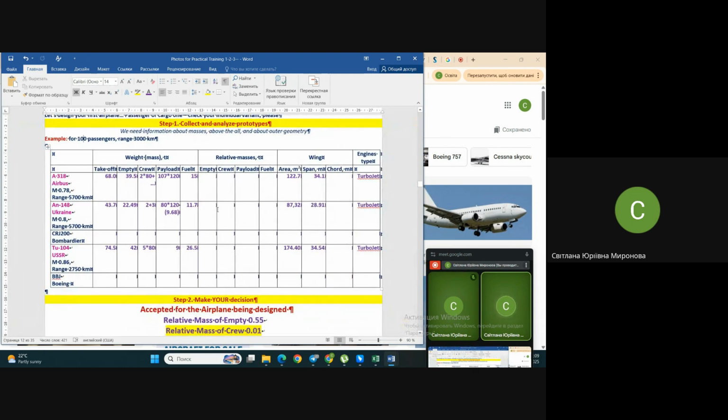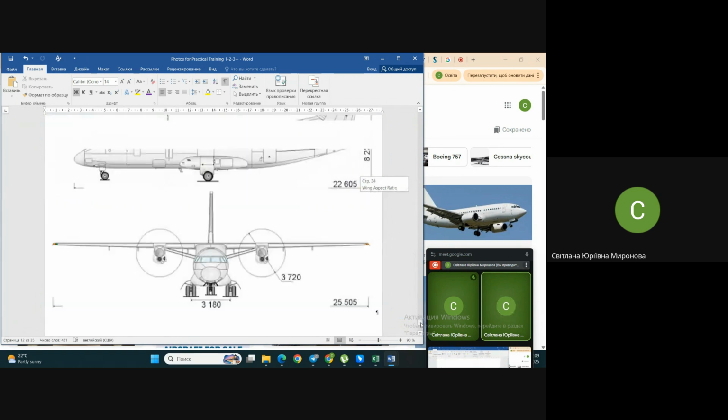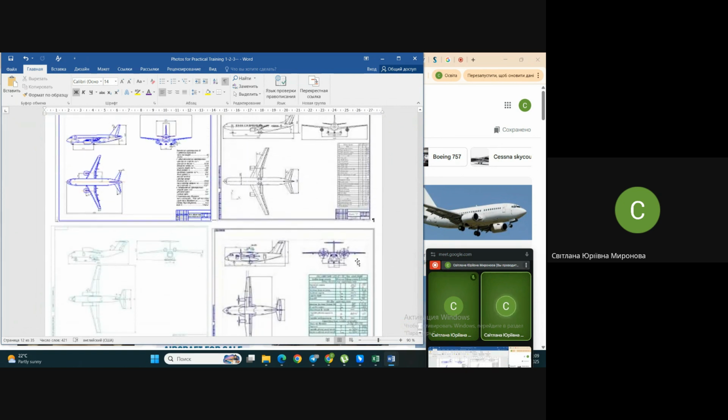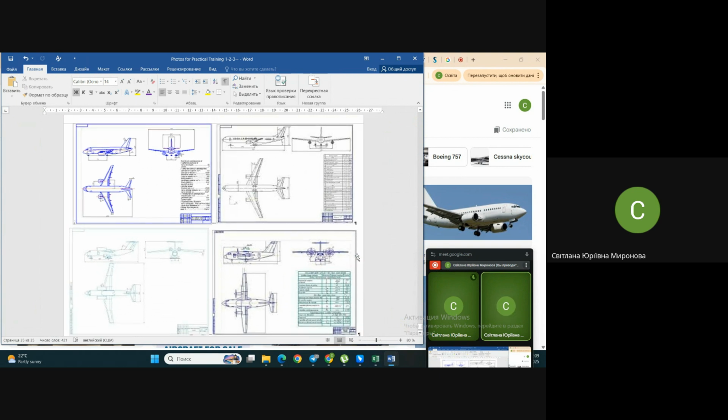We need, let's jump to the end, something like this. We need a general drawing of the general appearance, the general view of the airplane. Each such drawing, as you might see, consists of 3 projections, 3 views: the view to the left board, the top view or plan view, so called, and the front view.